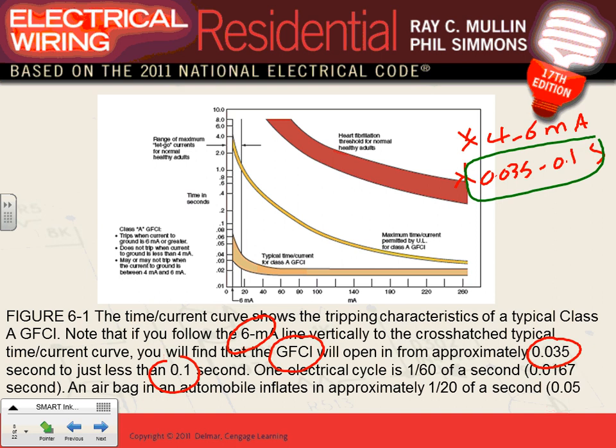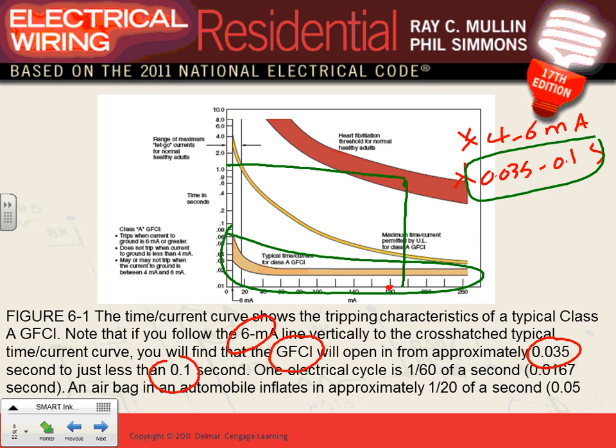Anyway, there's this curve that they use. This is the curve where it trips based on the amount of current. You can see this is time in seconds. If you allow this amount of current, where are we here? We're between 100 and 200, so let's just go to 180.